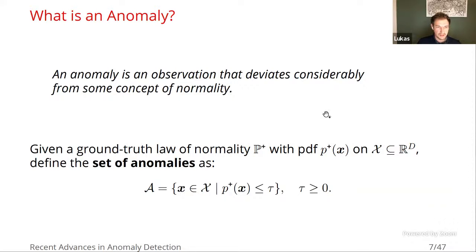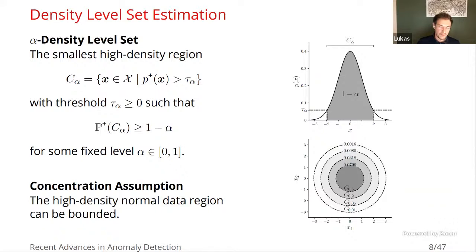And then we can define the set of anomalies, so this deviating considerably, by the region of low probability under this law. So everything that is below some certain threshold of this density. And this already leads us to the specific target or objective formulation, which is, in anomaly detection, what we care about is the estimation of density level sets.